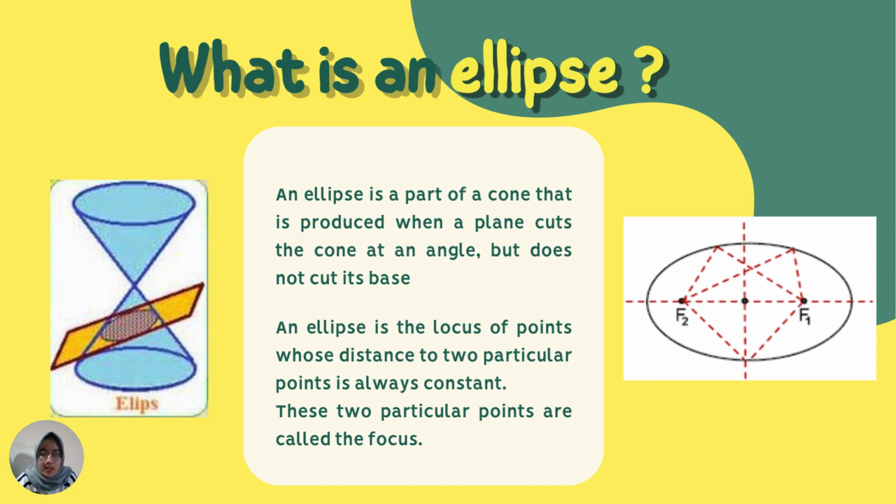An ellipse is the locus of points whose distance to two particular points is always constant. These two particular points are called the foci, F1 and F2.